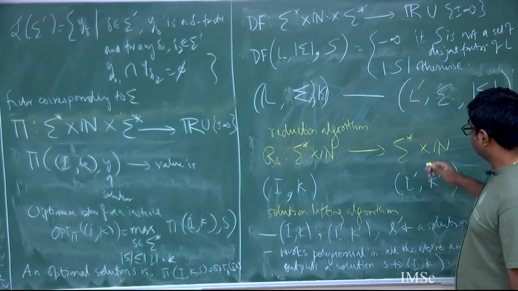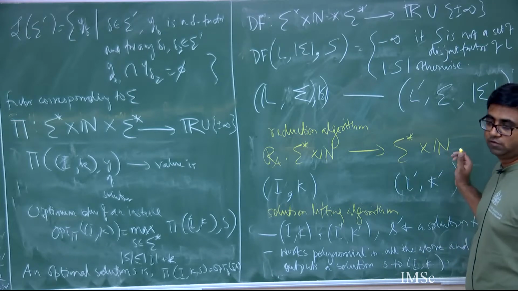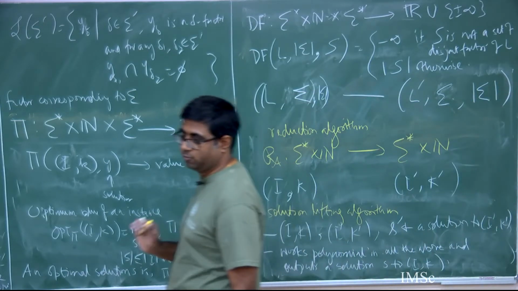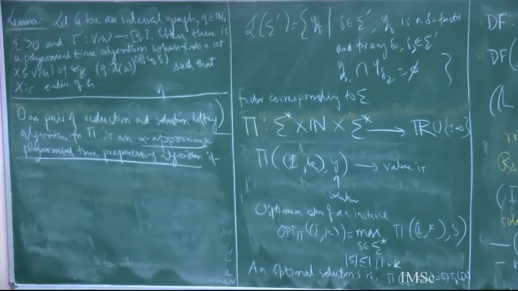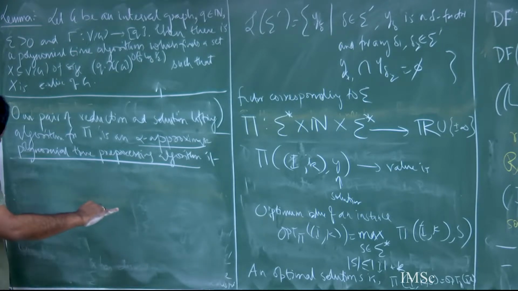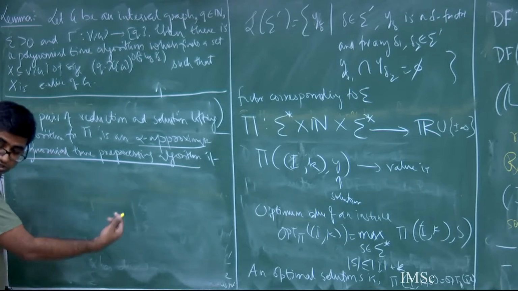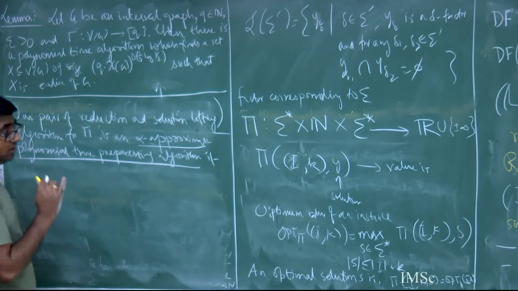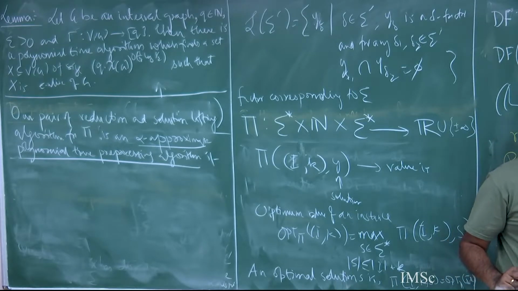And if you have just talked about compression, then this could be another language also. So this is something which you still have to maintain. If I say I have an alpha approximate kernelization algorithm, not a polynomial time preprocessing algorithm, then the output instance must be of the same language, but I could also define a compression and then it could be a different language.